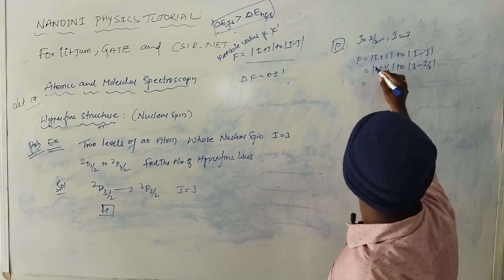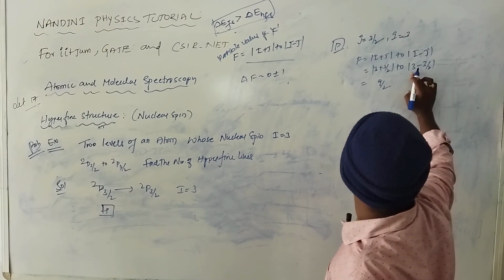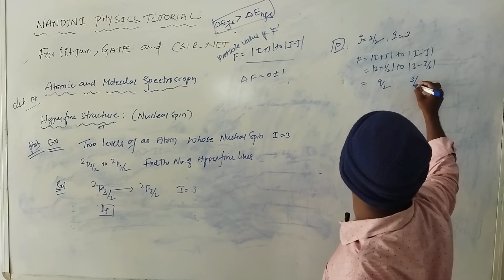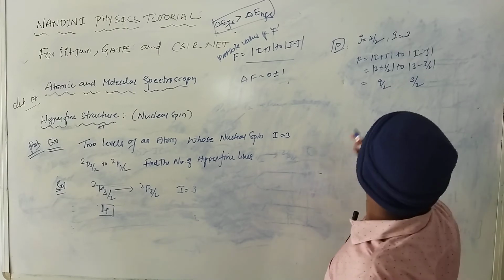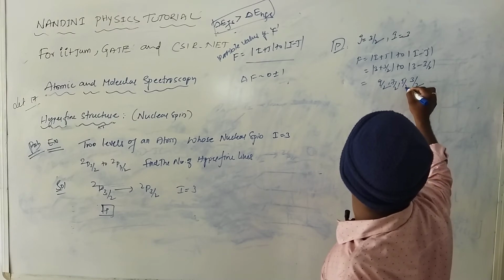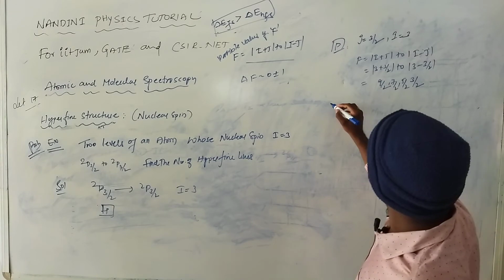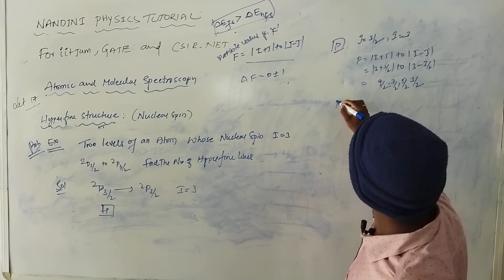You will get 2 3s are 6, 6 plus 3/2, 9/2, and 2 3s are 6 minus 3/2. So, 9/2, 7/2, 5/2 are there in between.